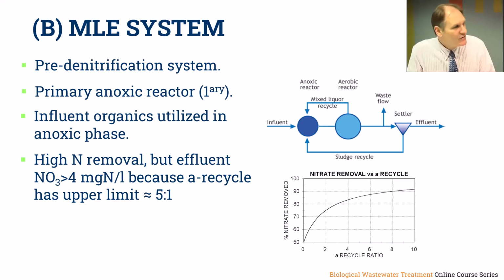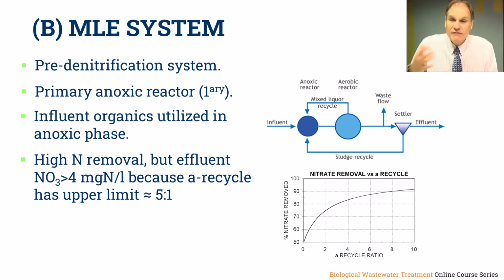Next, we have the modified Ludzack-Ettinger system. This is called pre-denitrification because the anoxic reactor comes before the aerobic reactor. Now, we have all the influent biodegradable organics available for denitrification.